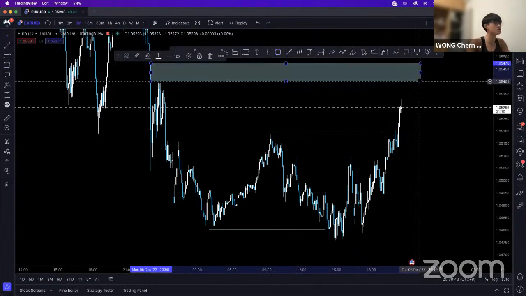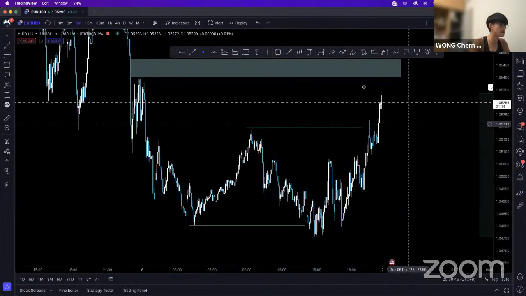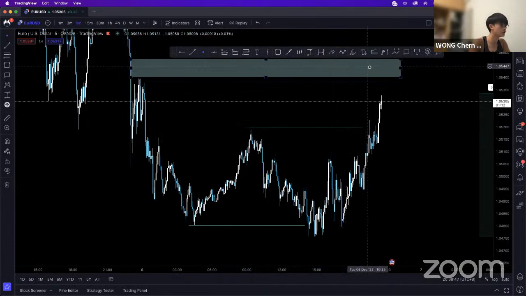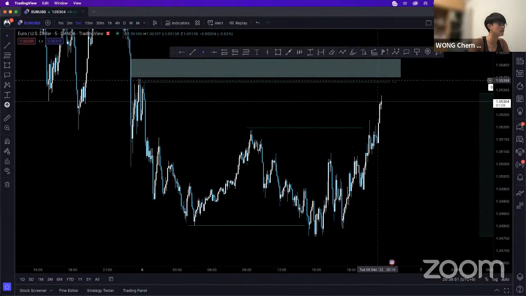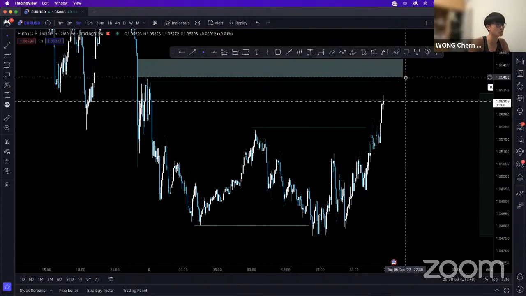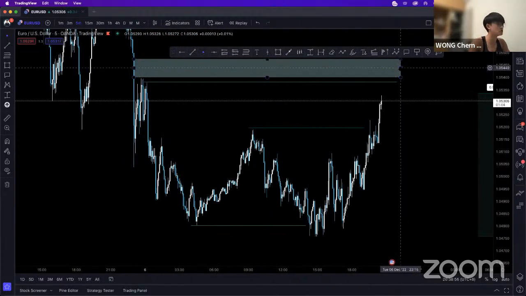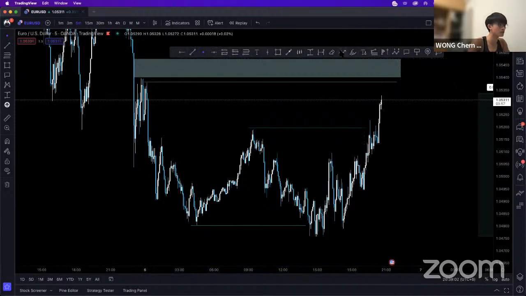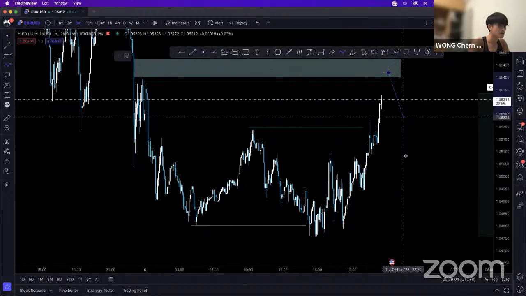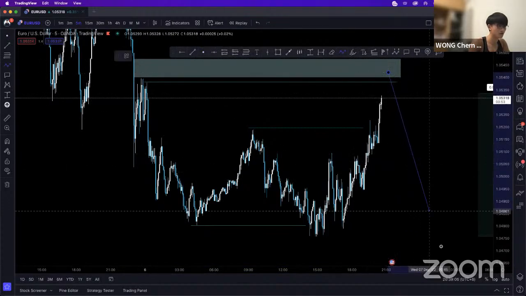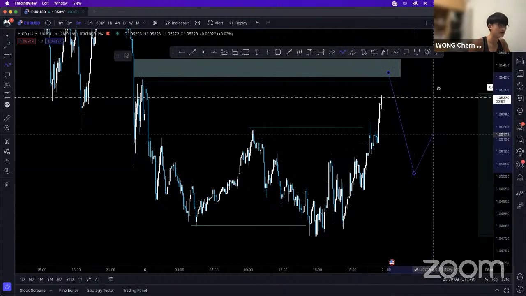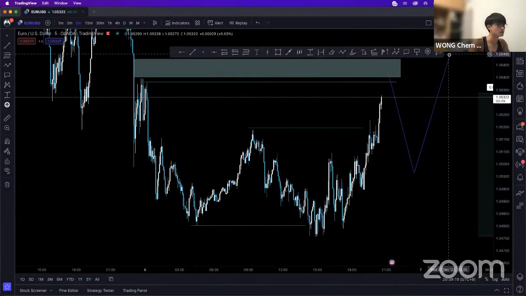So there's a potential opportunity for shorts, but as I've mentioned just now, any short that we'll be looking for is only from an intraday perspective, and there will not be any long-term swings that we'll be looking out for. Overall, we believe that the trend is still bullish, so we'll definitely be looking out for whether there's any sell to buy approach, where we can potentially look for sells here, take it down to maybe even lower, and continue to look for bullish confirmations.